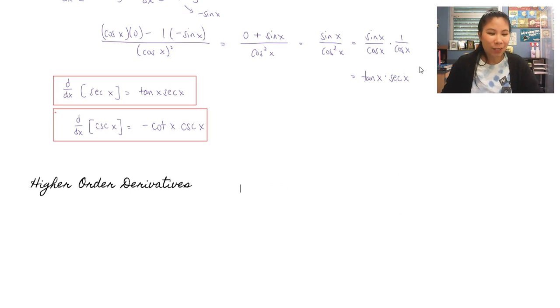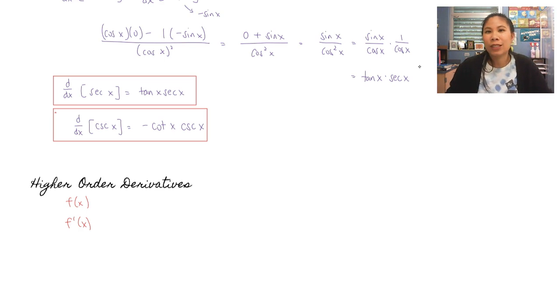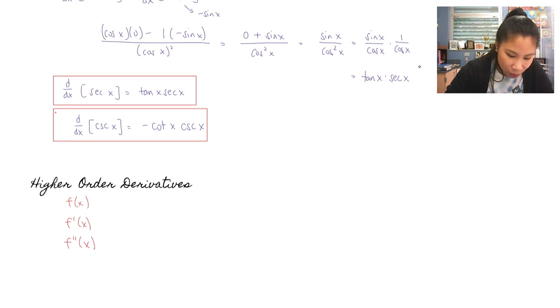And the last thing I want to talk about today is higher order derivatives. Higher order derivatives just means you're taking derivatives of derivatives. I know it sounds crazy, but it's not difficult at all. It actually gets easier the farther you go. So we've talked about how we would have the original equation of f of x. When I find a derivative, we would call it f prime of x. If I were to take the derivative of that derivative that I just found, this would be called the second derivative.